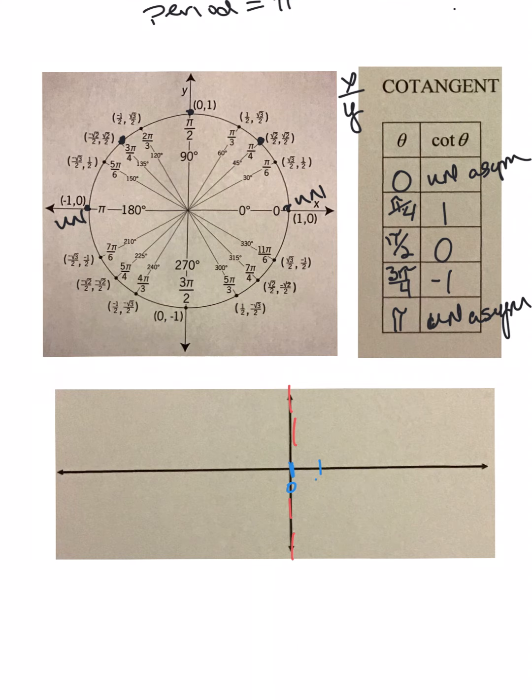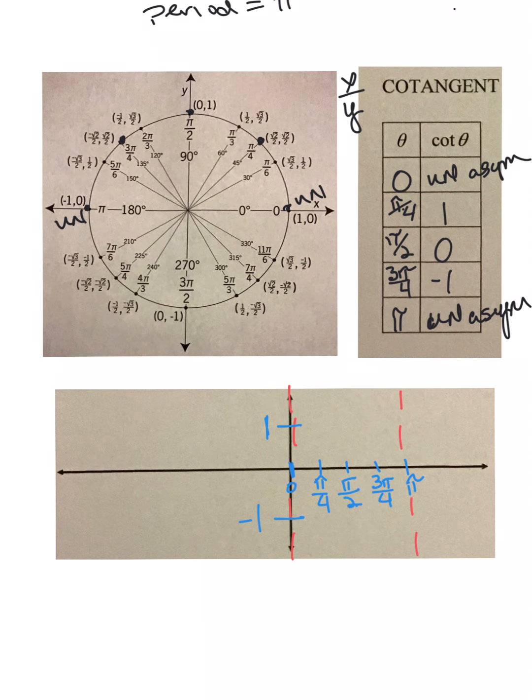And then we have pi over 4, pi over 2, 3 pi over 4, and pi, which is also an asymptote. Our high value that we have is a 1, and our low value is a negative 1 as far as the values of cotangent that we found.